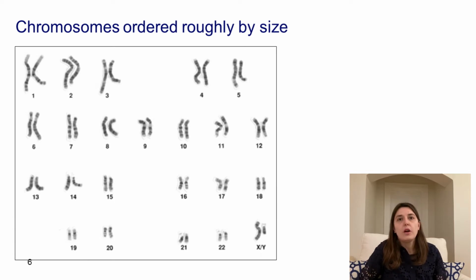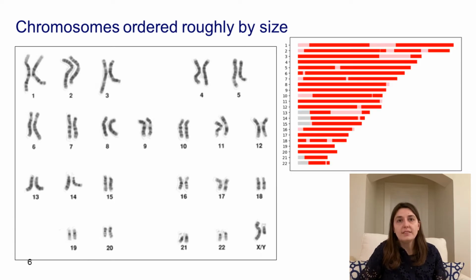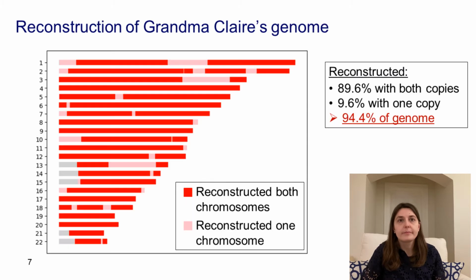I'm going to show plots like this that represent the amount of DNA that was reconstructed for my grandmother. Don't think that the white space here is important. All we're concerned with are the colored red or pink bars. Chromosome 22 here is again quite short, and chromosome 1 is very long. So this is a pictorial representation of the DNA that was reconstructed by Happy for my grandmother Claire.